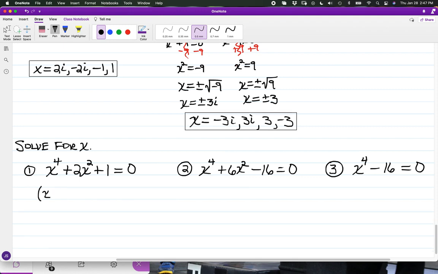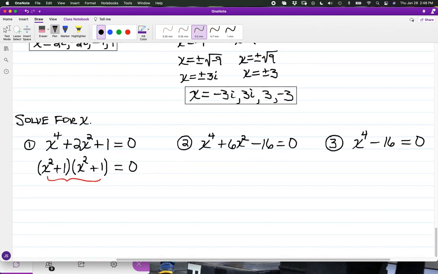This will be a case of a squared trinomial, where this would factor out to x squared plus 1 times itself is equal to 0. So x squared plus 1 is going to repeat. So that means that whatever we have from x will come exclusively from setting equal to 0 the expression x squared plus 1.